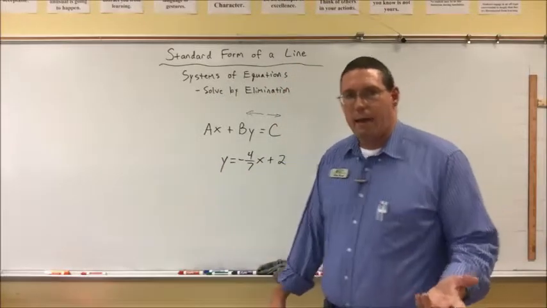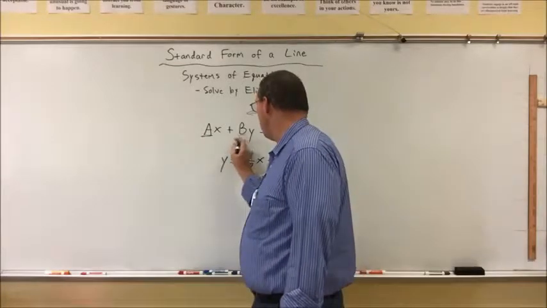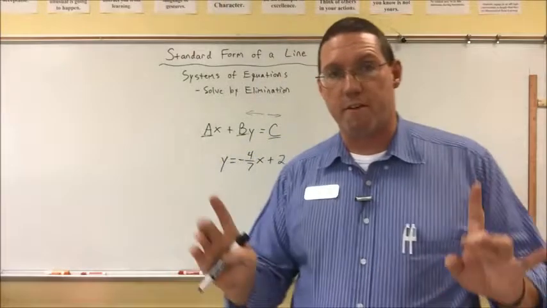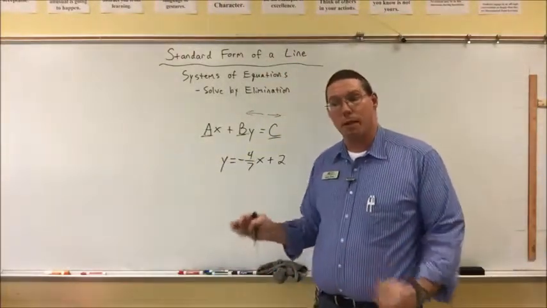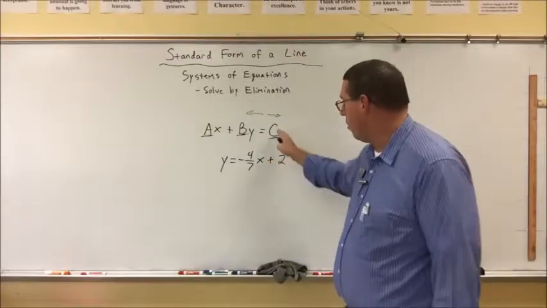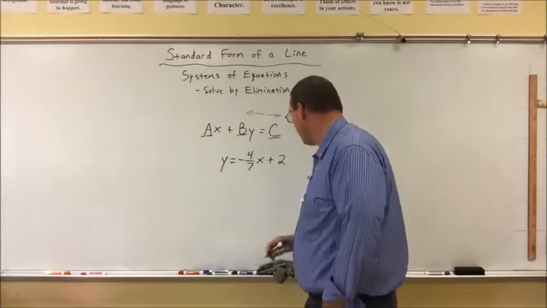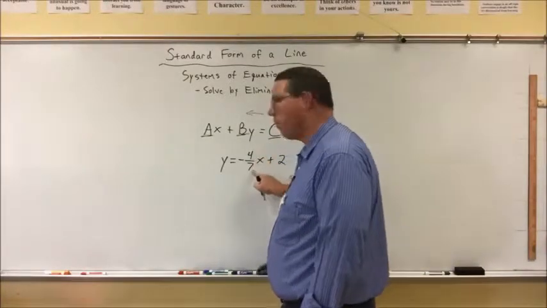On top of that, in the standard form of a line, we don't want a, b, or c to be a fraction. We want them to be whole numbers if possible, okay? It's easier to understand or use or manipulate if it's a whole number or an integer in those three places. So before I move this x over, do you see this fraction 4/7?